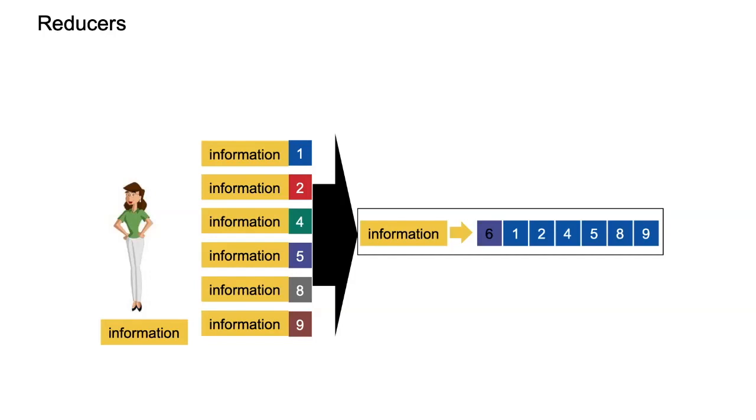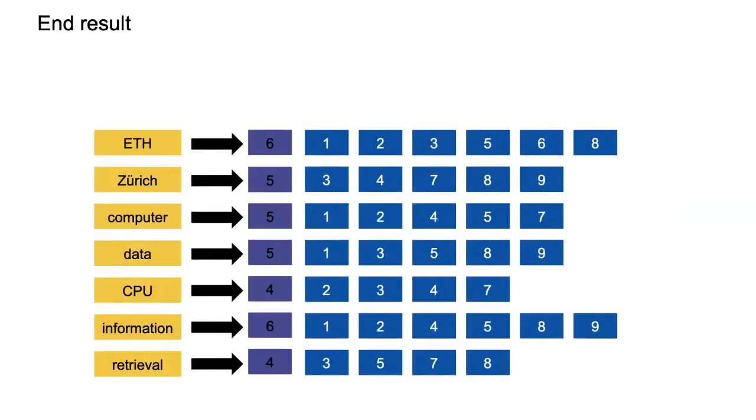The same reduce slot can be responsible for several terms. It might be that this reducer is responsible for information and also for computer, but it's still one after the other. We first create the posting list for information, and then we create it for computer, right? Just that it can also be assigned more than just one, but it's still one term at a time.